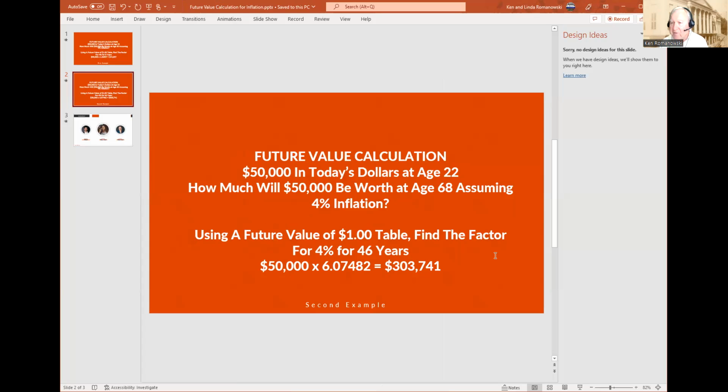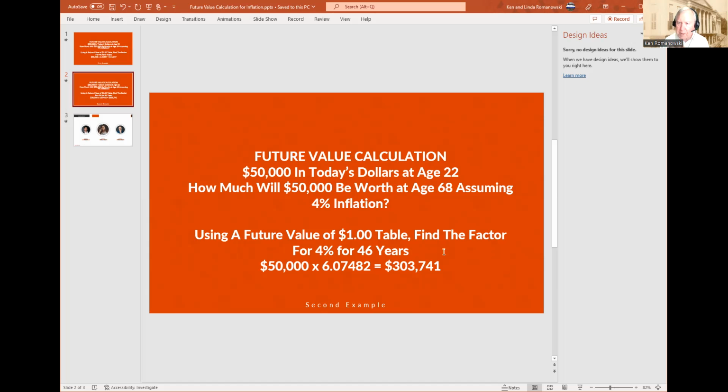When we multiply the factor by $50,000, we come up with $303,741. So that goal that today is worth $50,000, in 46 years, assuming a 4% inflation rate, is going to be worth $303,741. That's what you're going to have to pay 46 years from now.